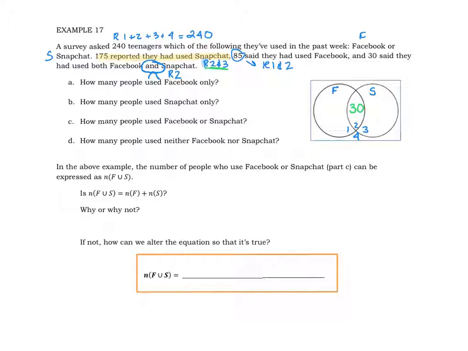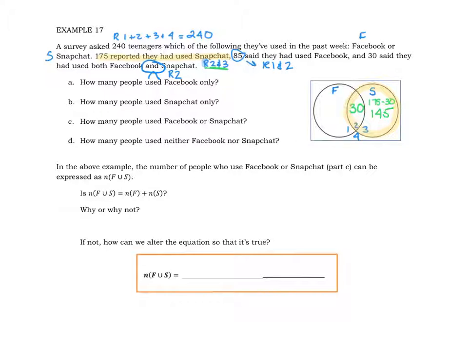We know the cardinality of region 2 was 30, so let's take 175 minus 30, and that will give us 145. If you add those two regions together, we get that 175.